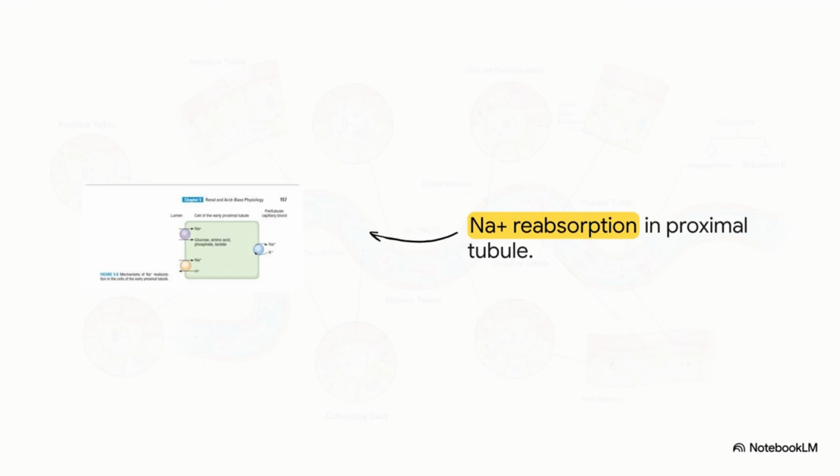Then, on the luminal side, the cell basically exploits that gradient. Sodium naturally wants to rush downhill into the cell, and carrier proteins use that kinetic energy to drag glucose, amino acids, phosphate, and lactate inside, totally against their own gradients. This is your classic secondary active transport, and it absolutely dominates the first half of the proximal tubule.